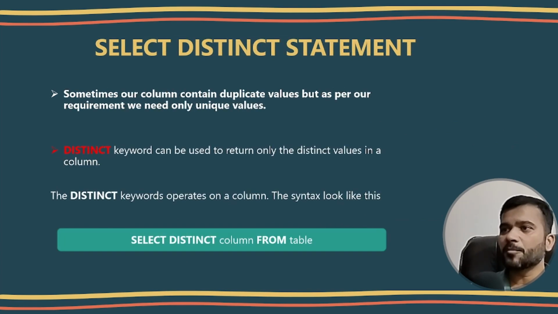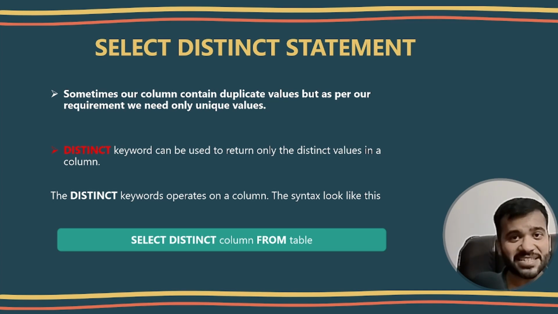Okay, now let's come to another topic, which is the select distinct statement. Now you say, hey Ashwini, what is distinct? Sometimes our column contains duplicate values, but as per our requirement, we need only unique records or unique values. How are we going to do that? Right now we have only used select and column name.